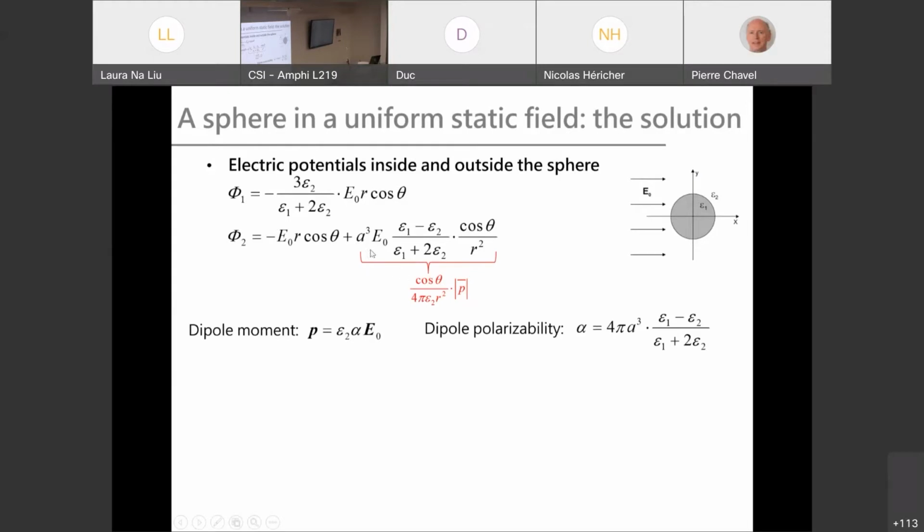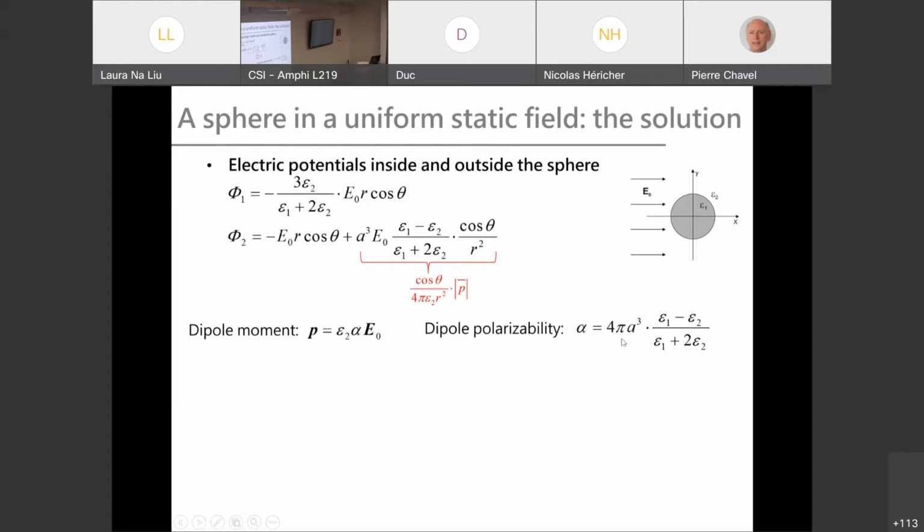It looks complicated, but at this moment we can make several definitions so that the solution looks very meaningful. If we define the dipole moment p equal to epsilon 2 times alpha times E0, where epsilon 2 is the dielectric constant in the neighboring environment of my metallic nanoparticle and E0 is my incoming light field, then alpha is defined as the dipole polarizability.